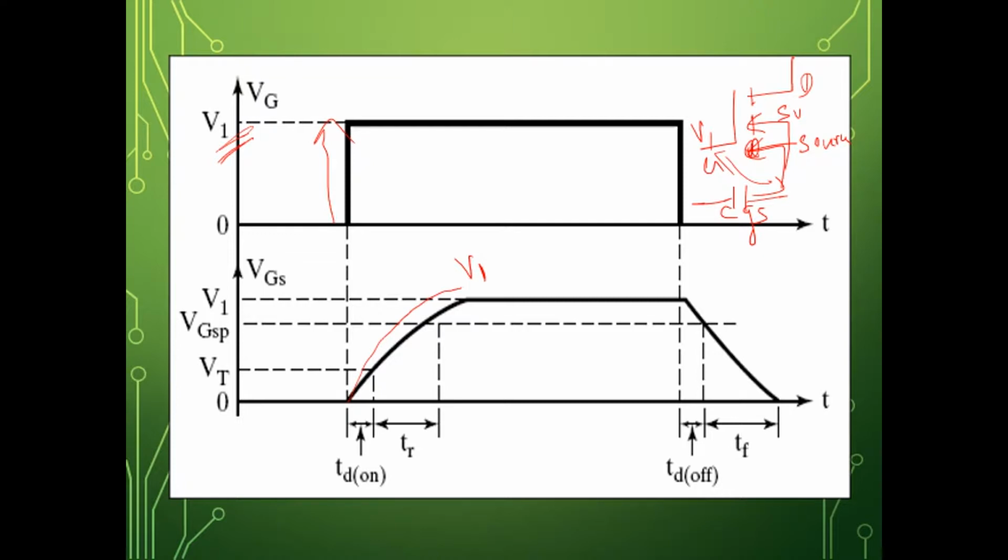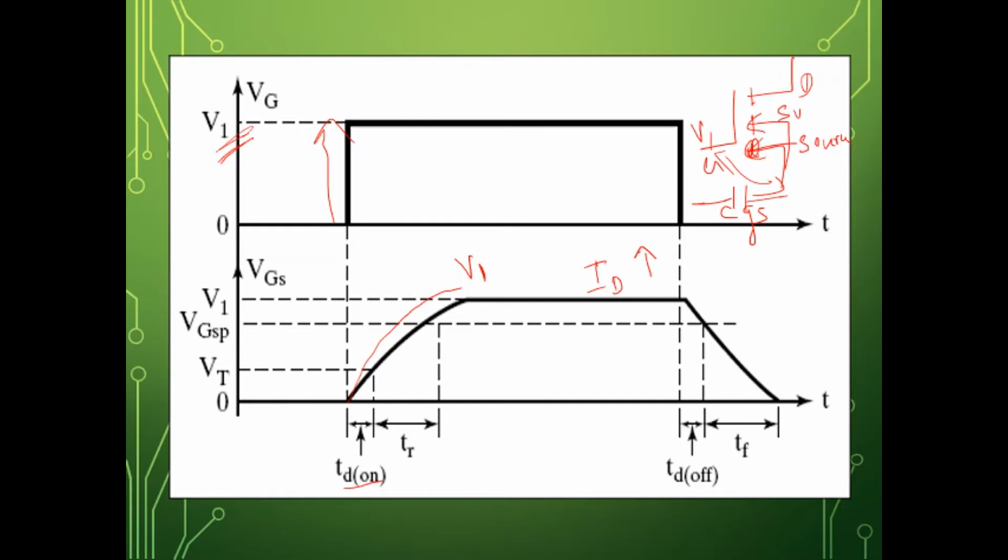So here, when the gate to source voltage increases, obviously the drain current will also increase. You don't have a storage time here. If you look, you don't have the storage time. So the delay time during turn on is nothing but the time required for the channel to form.